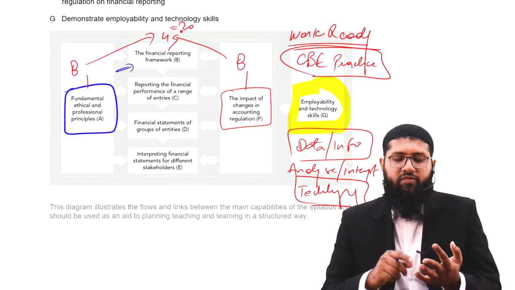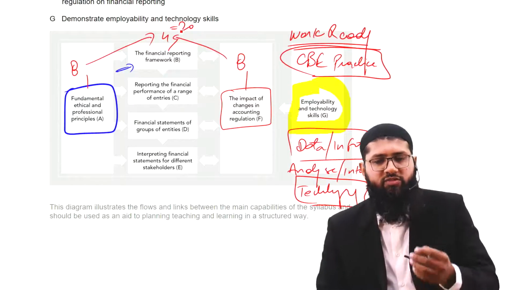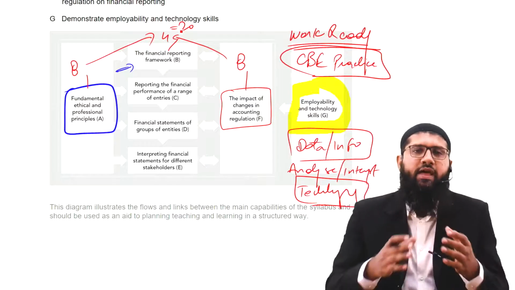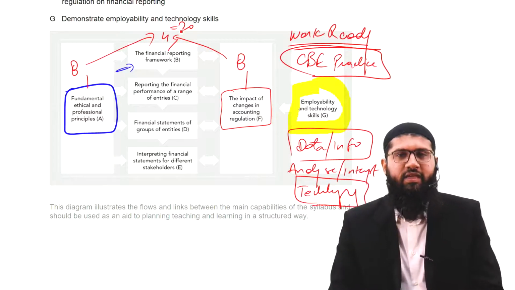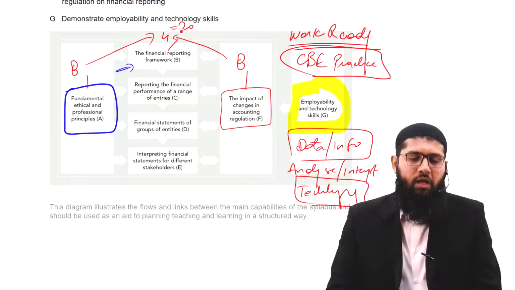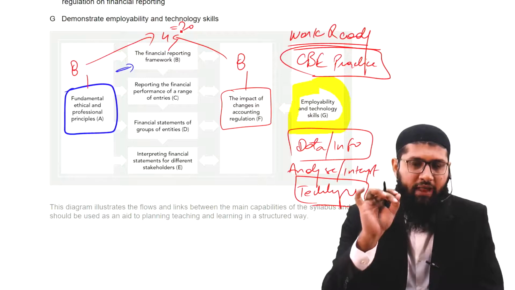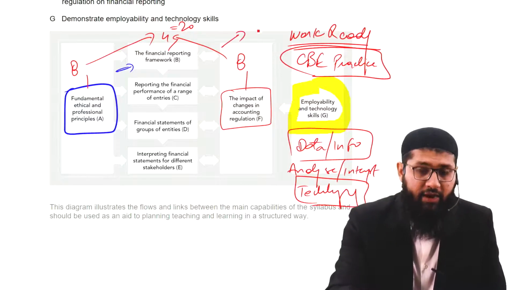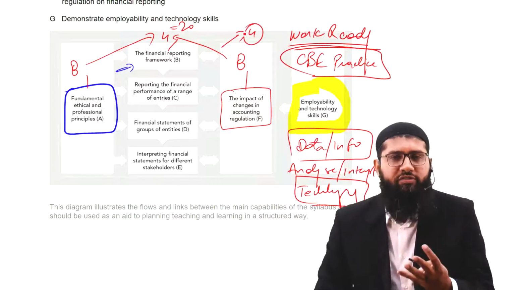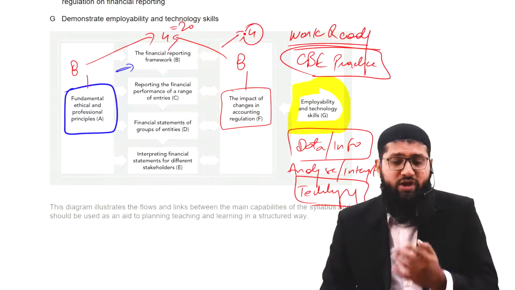Framework, ethics, and the current issues, this is in total 20 marks. And I personally think they are easy marks to get. If you have prepared them well, I'm giving you a guarantee, it's hardly going to take you 4 hours to prepare them. That's it, 4 hours at the max. And you get 20 marks.